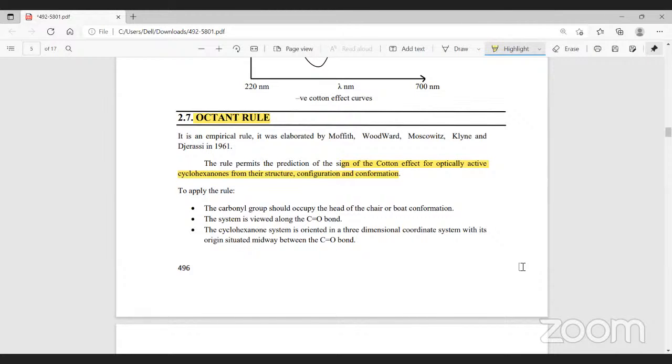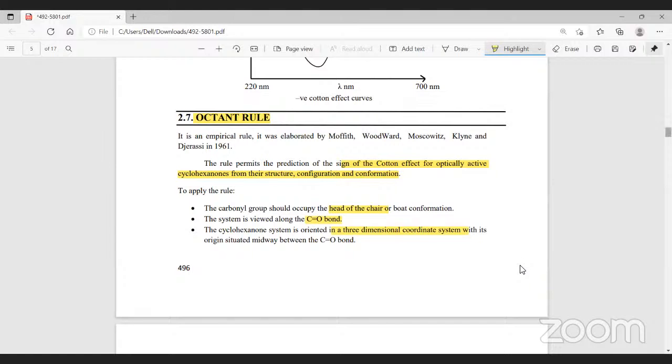To apply the rule, the carbonyl group should occupy the head of the chair or boat conformation, and the system is viewed along the C=O bond. Next, the cyclohexanone system is oriented in a three-dimensional coordinate system.